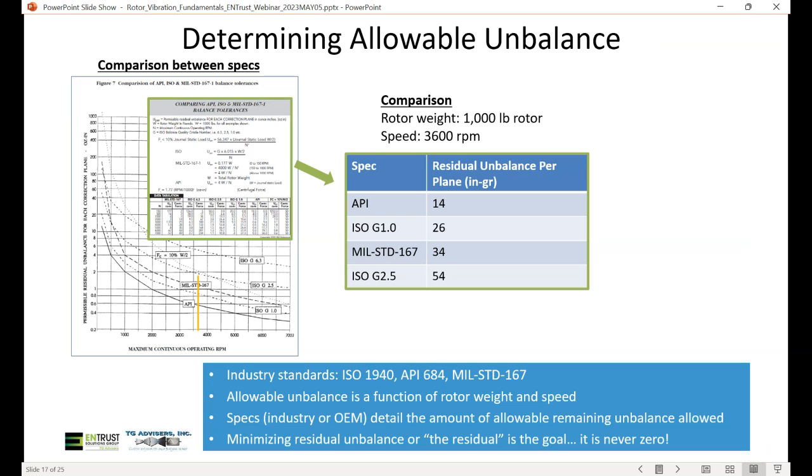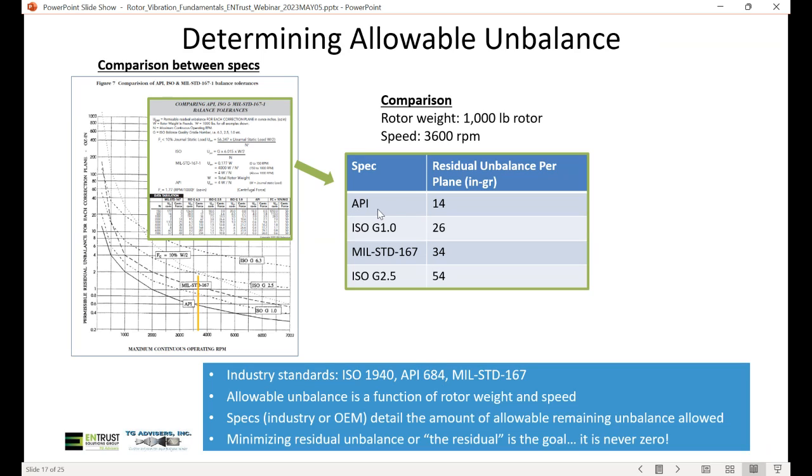Determining the allowable unbalance, there are many specs. There is an American Petroleum Institute spec, ISO specs, mil specs. Within the ISO spec, there are various levels of allowable vibration, balance grades 1, 2.5, and they can go higher. But for a comparison, we will take a rotor that weighs 1,000 pounds, rotating at 3,600 RPM.